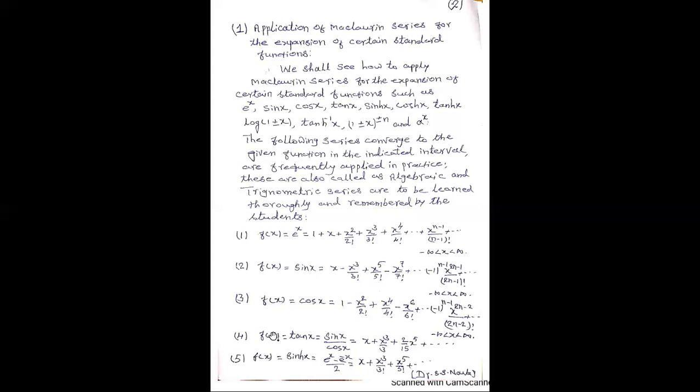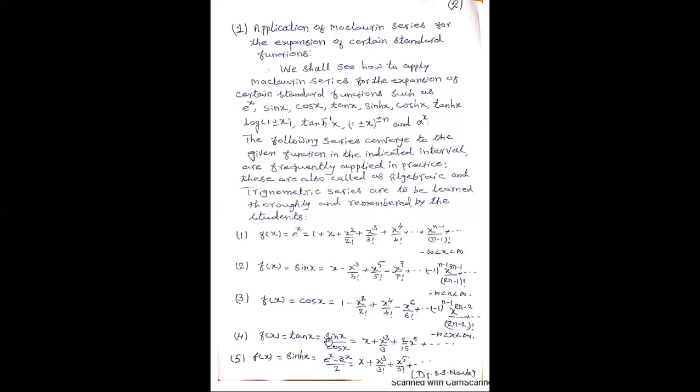Then when you are having f of x is equal to tan x. Now this tan x you can write in the form of sin x upon cos x. And again, you don't have the factorial forms like this. Here you are having sin x and cos x. You'll have to take the series given in the form of the sine series and the cosine series. Then you'll have to divide.